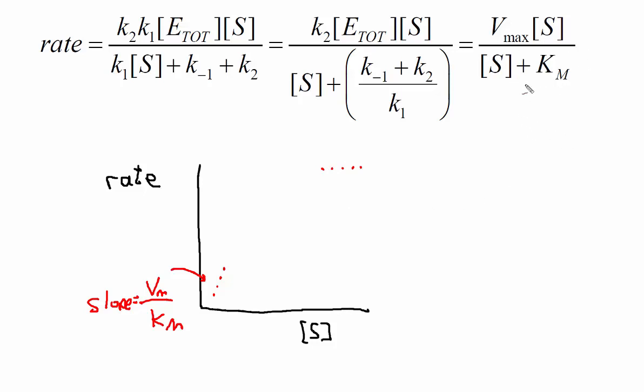If S is large, its value is large compared to Km, and the Km can be ignored. And if Km can be ignored, then the S will cancel in the numerator with the one in the denominator, and we'll simply have Vmax as the rate. So this value that this asymptotically approaches will be Vmax.